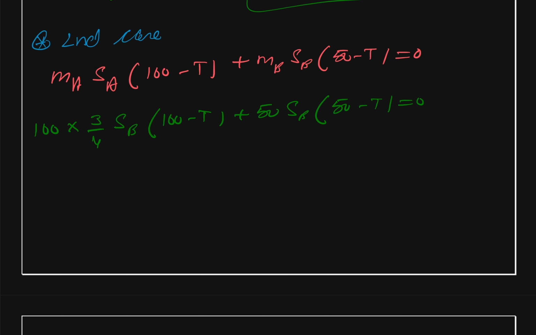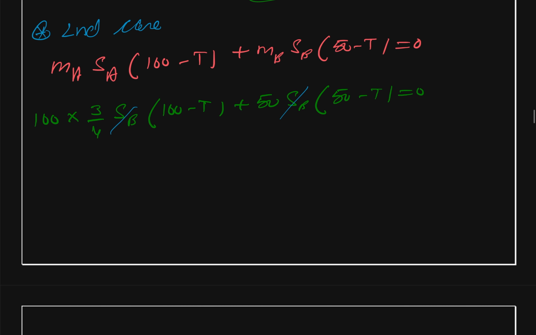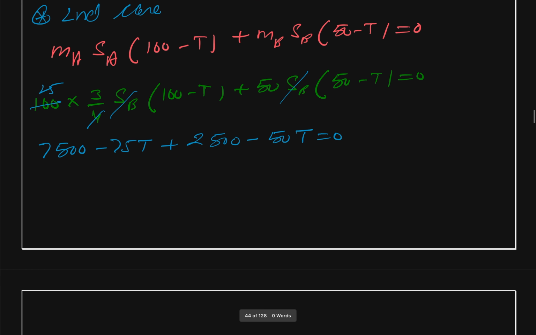And obviously SP cannot be equal to 0, so we just remove it, and we can write this as 4 and 25. So we are going to have 7500 minus 75T plus 2500 minus 50T is equal to 0.